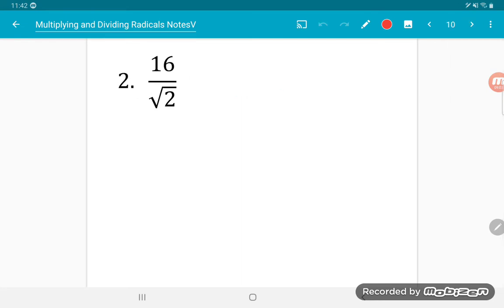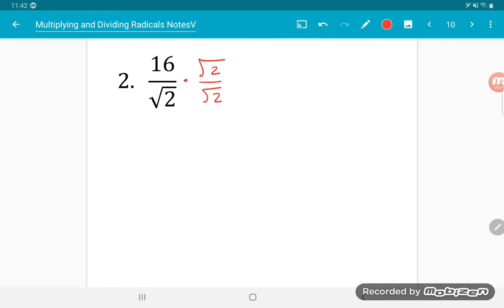For example 2, 16 divided by that radical 2. First thing you should notice is that there is not a radical in that top number. Because there's only a radical in the denominator, I have to rationalize this denominator. I do that by multiplying by 1. When you multiply by 1, you take the bottom radical and put it over itself.